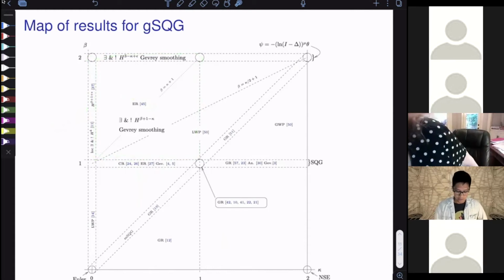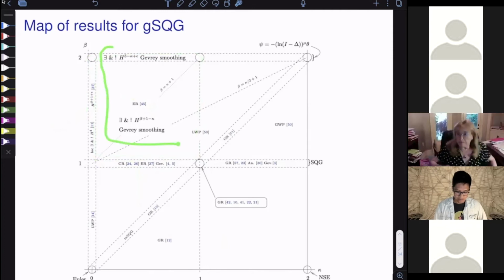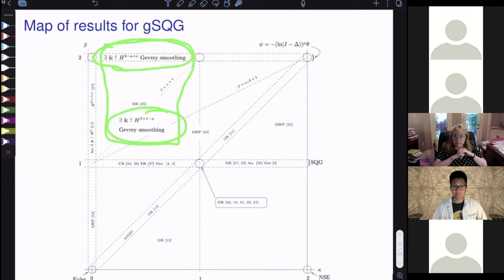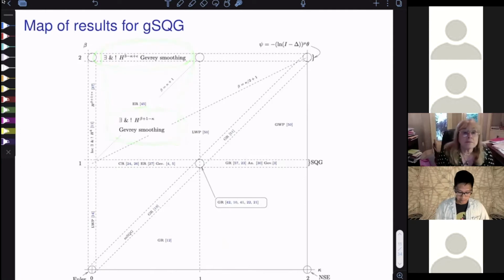And the main results I'd like to talk about today are the well-posedness in the scaling critical Sobolev spaces for this equation. So in particular, small data global existence with smoothing and large data local existence with smoothing.